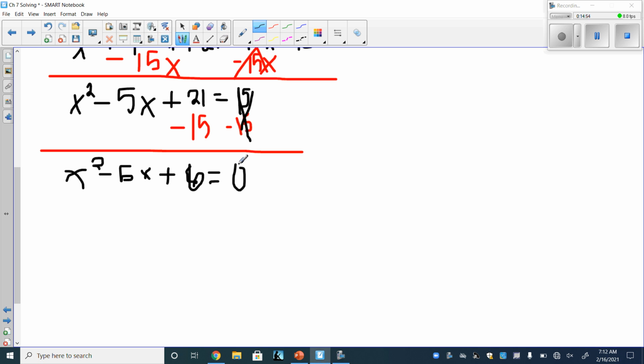So once we moved everything over, we got x squared minus 5x plus 6 is equal to 0.